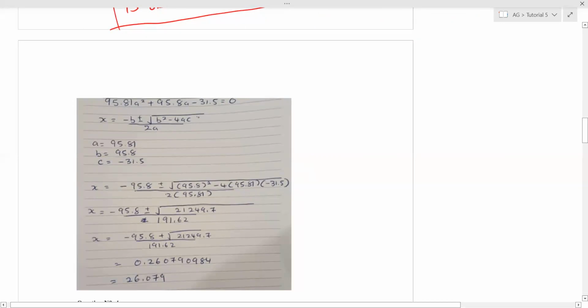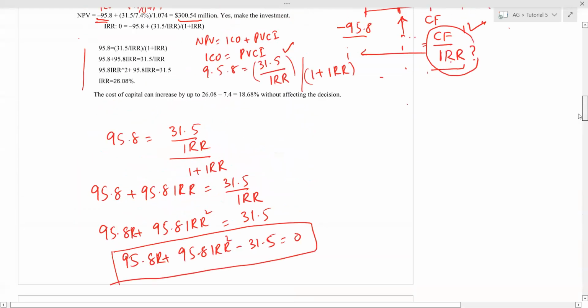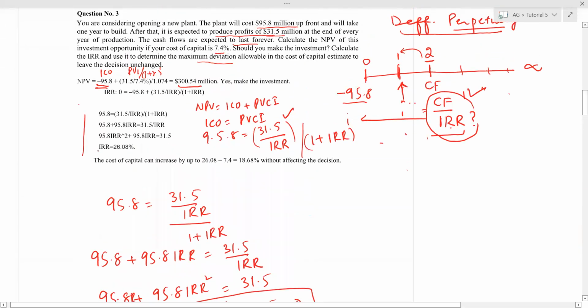If you put all of this information in, you will get the answer 26.079. So our IRR is equal to 26.079, and as you can see, this is the answer. This is called IRR.